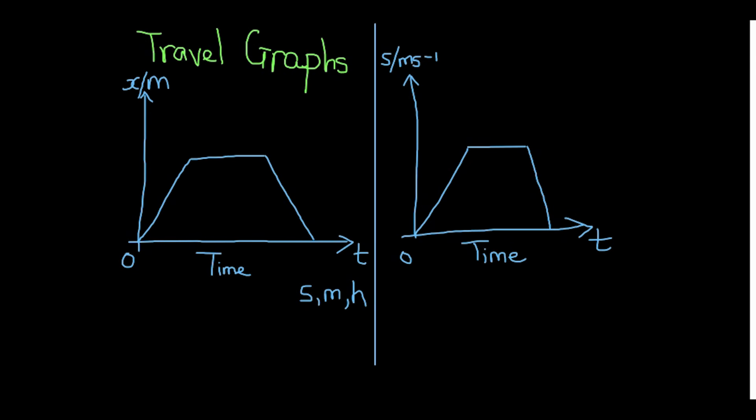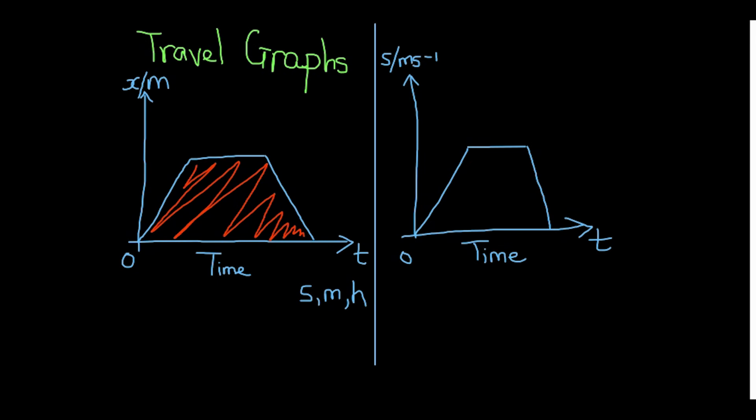Okay, so area underneath the lines. Okay, so let's just find out how many people think that if they want to get the speed, let's just say this was a car in motion, right? How many people think that the area underneath this graph is going to give us the speed of the car?